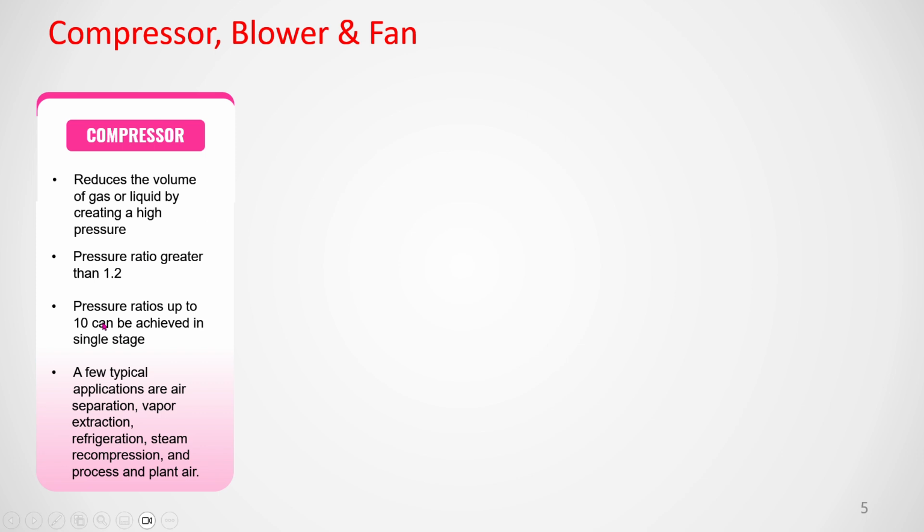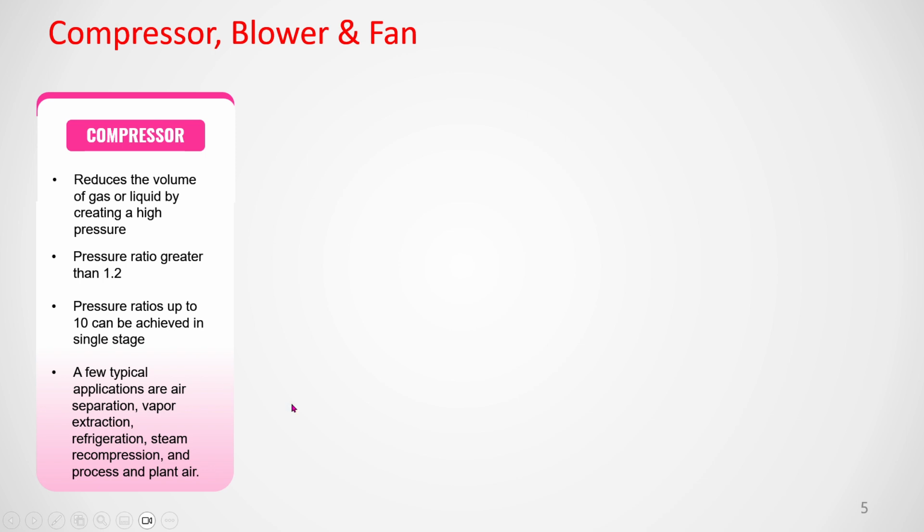When the pressure ratio P2 by P1 can reach up to 10, meaning with 1 kg suction pressure, for a single stage it can reach up to 10 bar. If the suction pressure is 1, then the discharge pressure is 10, with a single impeller, it is possible. So it is also a compressor because it is more than 1.2.